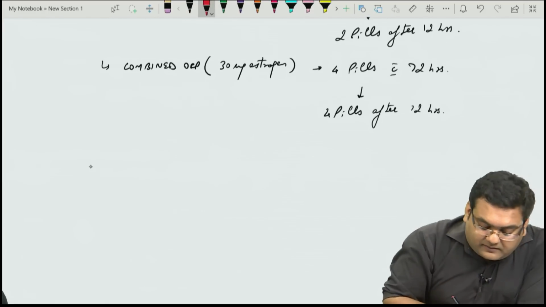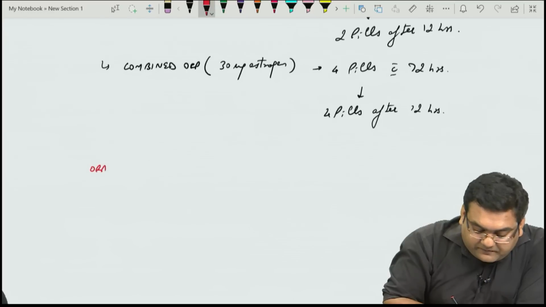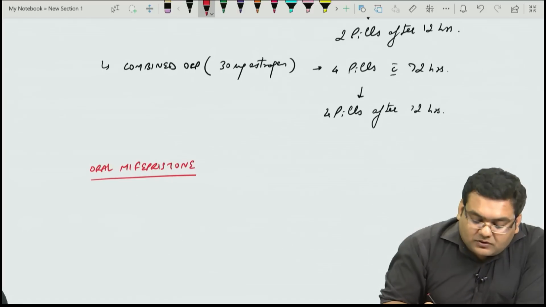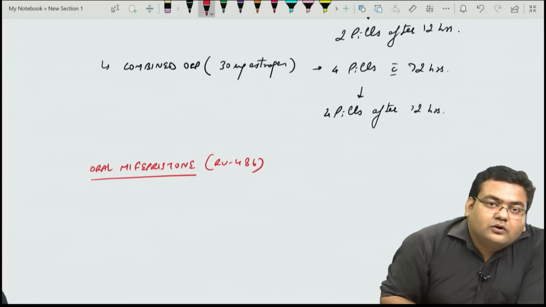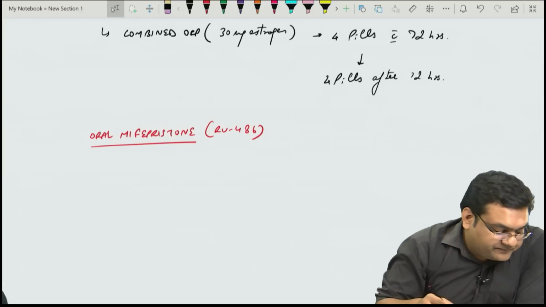Third method is your oral mifepristone, labeled as RU486.